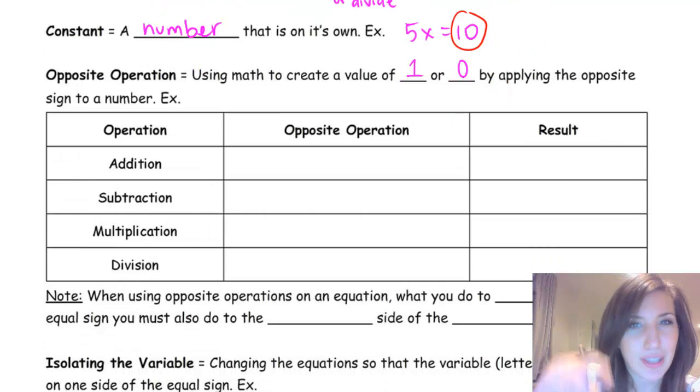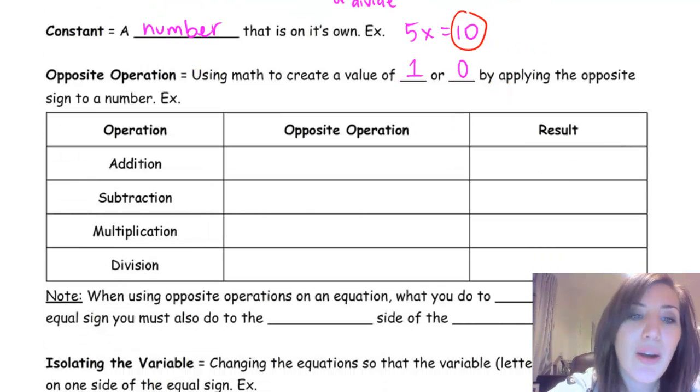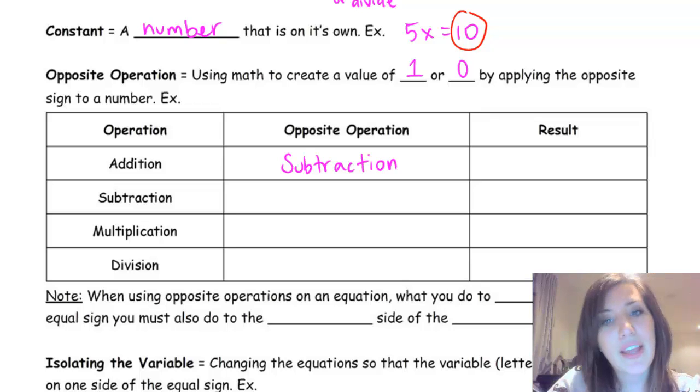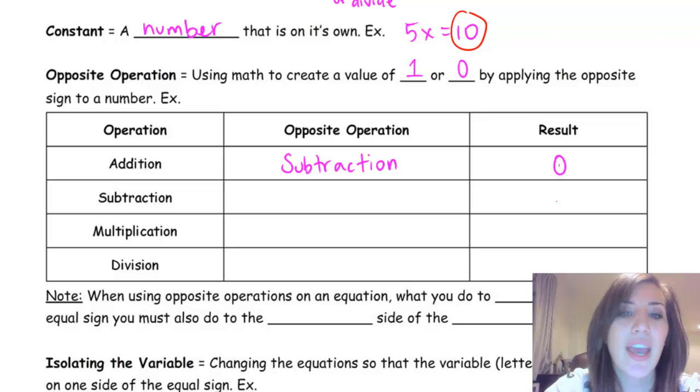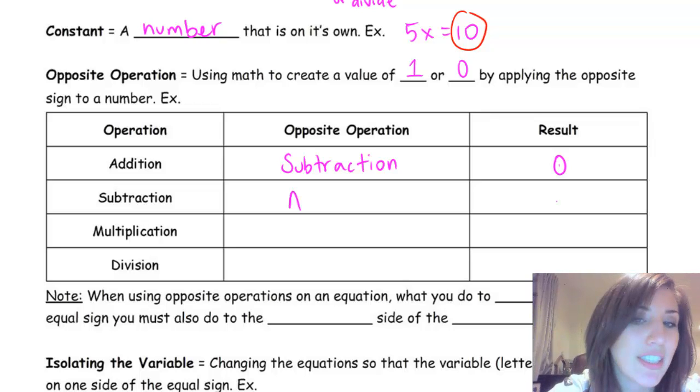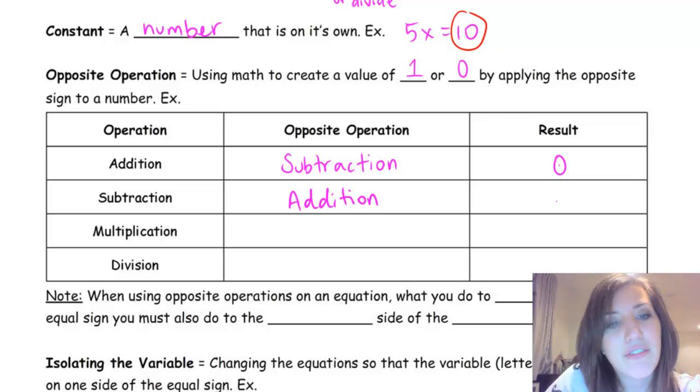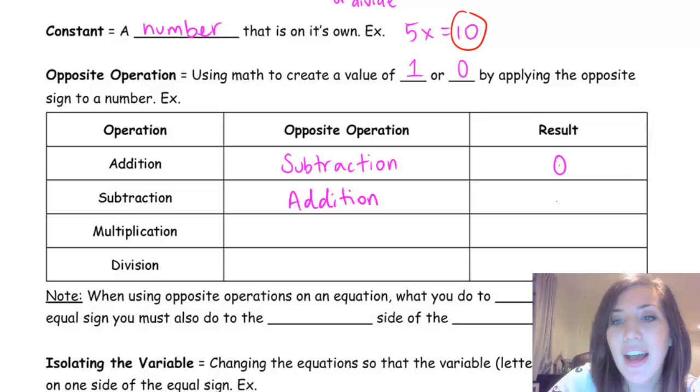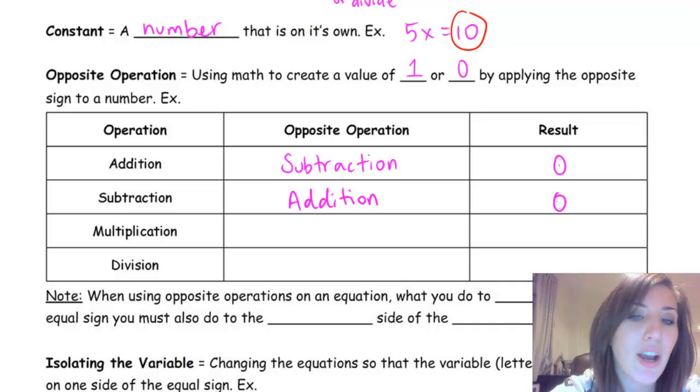For example, let's take a look at this table. So the opposite operation from addition is subtraction, and if you have 1 and then you minus 1, then your result, 1 minus 1, will be 0. The opposite of subtraction is addition. So if you have negative 5 plus 5, the result is 0. And then multiplying, the opposite is dividing.